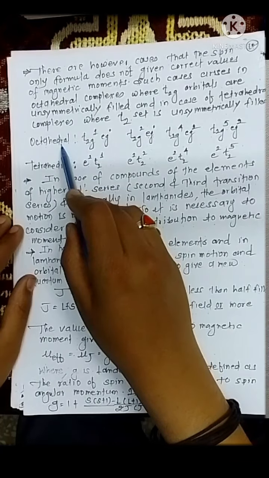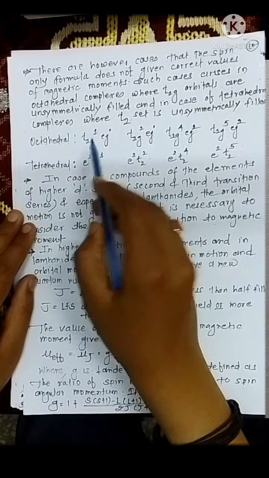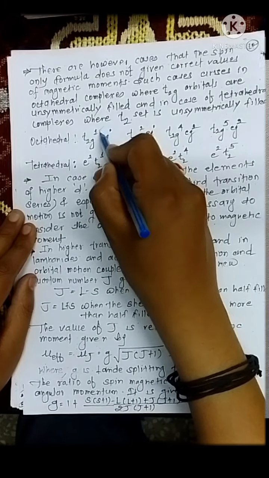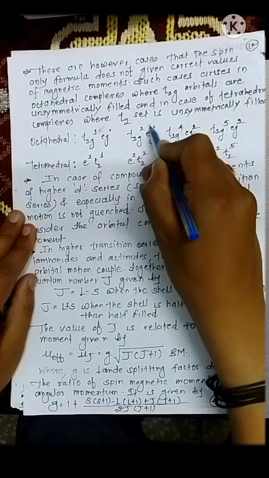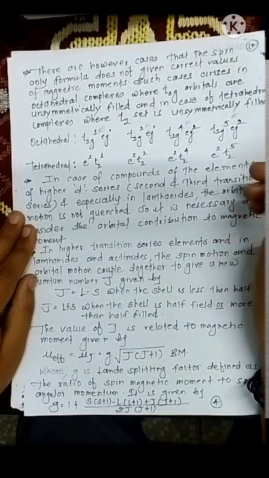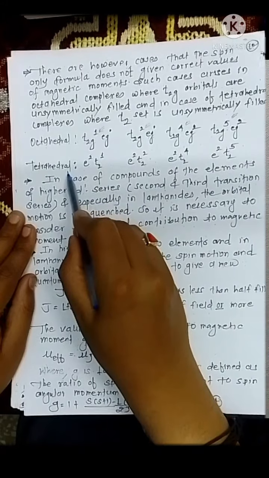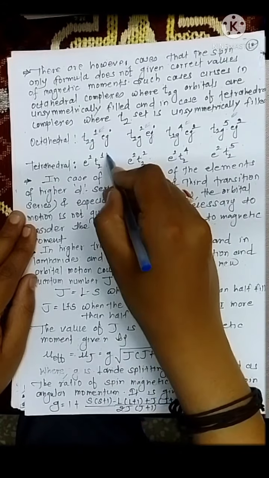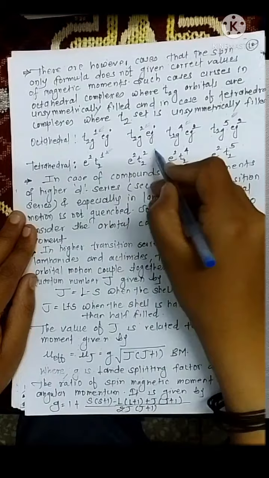So in octahedral cases, if you look at these electronic configurations, your T2g orbitals are unsymmetrically filled, they are not symmetrically filled. And in tetrahedral cases, your T2 orbitals, just see here, are unsymmetrically filled.